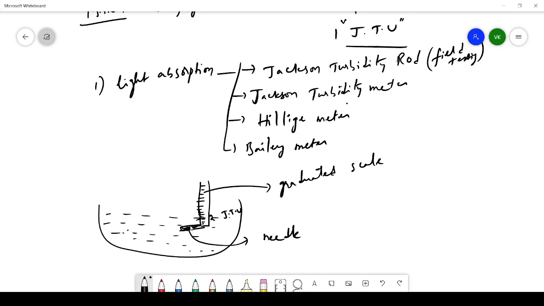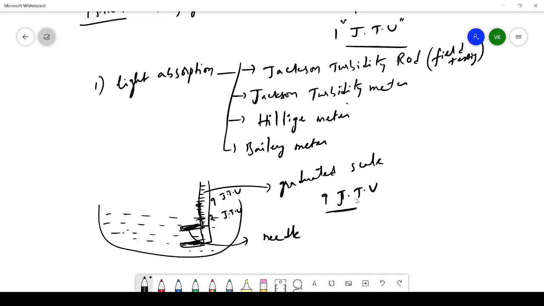Then you have to further dip this rod inside, and assume that at 9 JTU the needle reaches this position and you're not able to see this needle, then the turbidity present in the water is termed as 9 JTU.